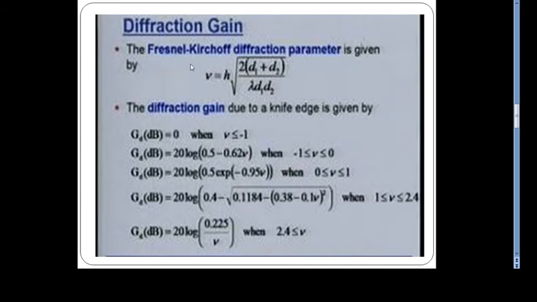So this is the Fresnel diffraction parameter, and we are also given the diffraction gain. The diffraction gain for the knife edge geometry, that is GD, is the diffraction gain due to the presence of the knife edge relative to the free space electric field. It is measured in dB, given by 20 log of F(v).